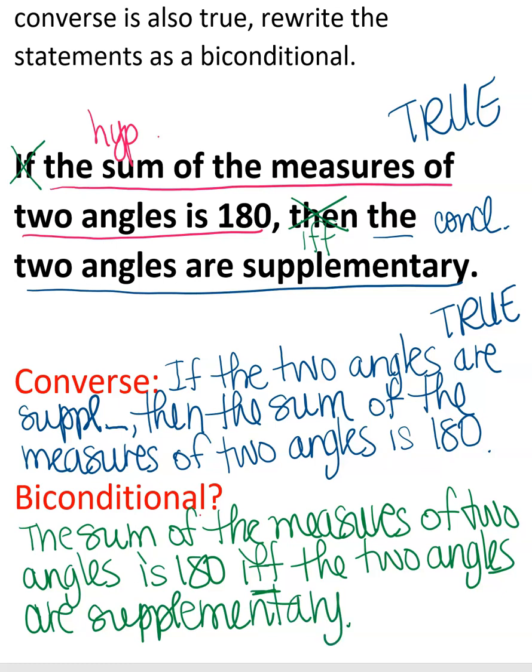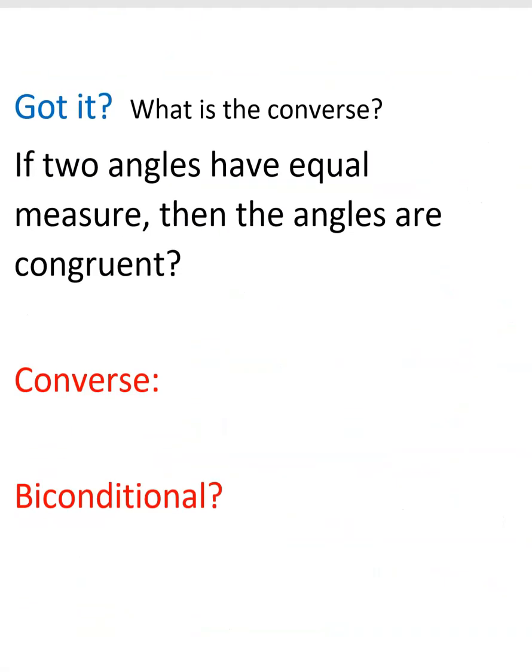Now, this can also be written from the converse. It doesn't matter which one you pick as long as you're canceling out the right words and putting if and only if in the middle. All definitions can be rewritten as biconditionals.